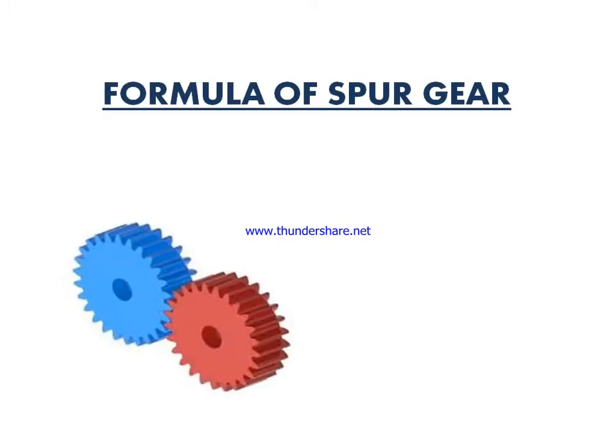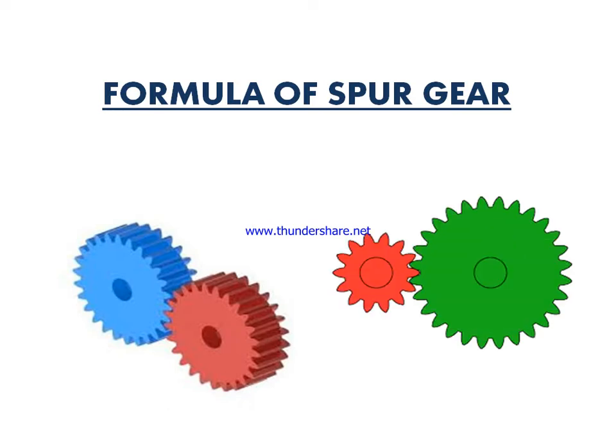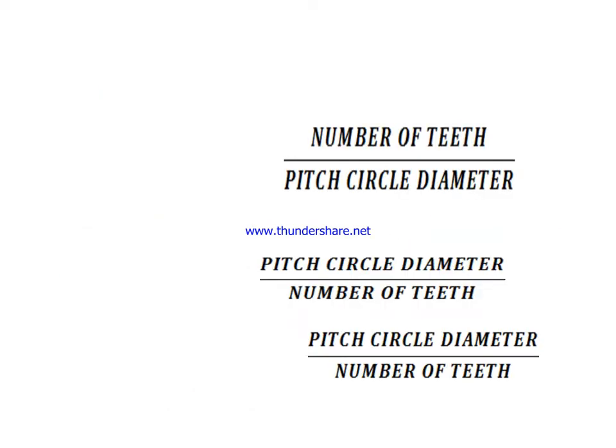That means the formula of spur gear. At first, diametral pitch: number of teeth by pitch circle diameter.